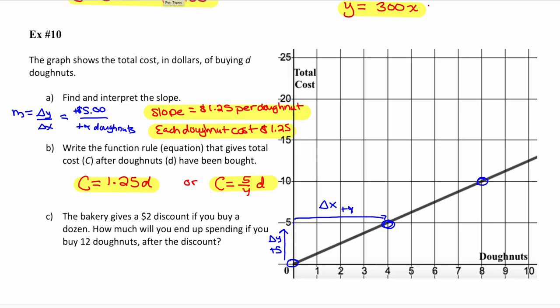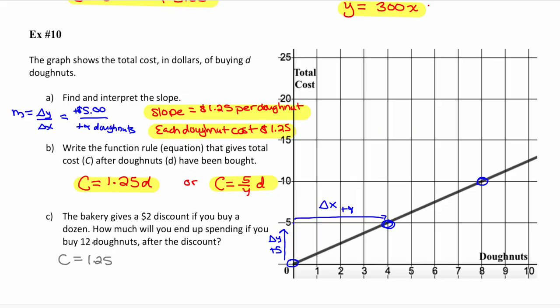Question C says, the bakery gives a $2 discount if you buy a dozen. How much will you end up spending if you buy 12 donuts after the discount? Using our equation here, we know that the cost is equal to $1.25 times the amount of donuts you're buying.